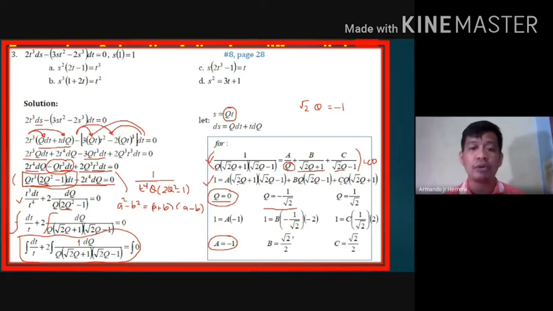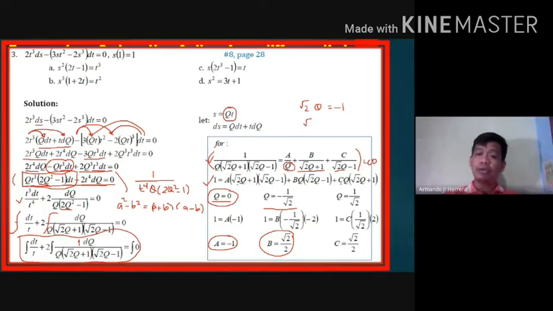So therefore, letter B is equal to square root of 2 over 2. Cross-multiply lang natin siya. Because negative times negative is positive, so cross-multiply mo lang siya doon, magiging square root of 2 over 2 ang value ng B.